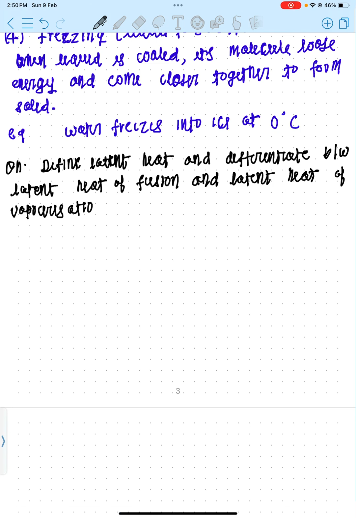Right? Okay. Now, what is latent heat? Latent heat is the energy that is absorbed or released during a phase change without changing the temperature.